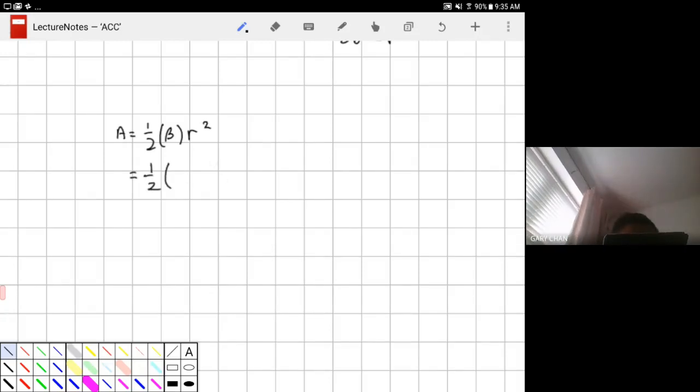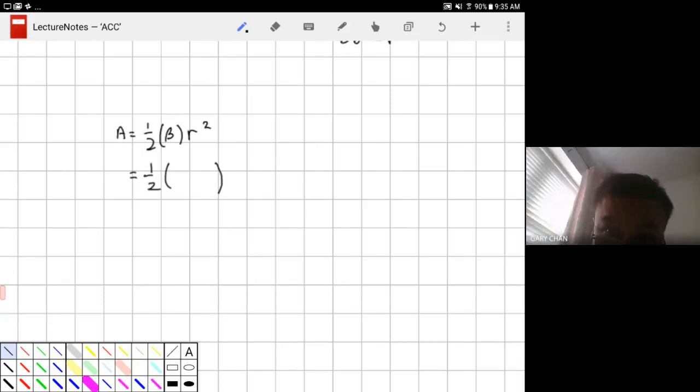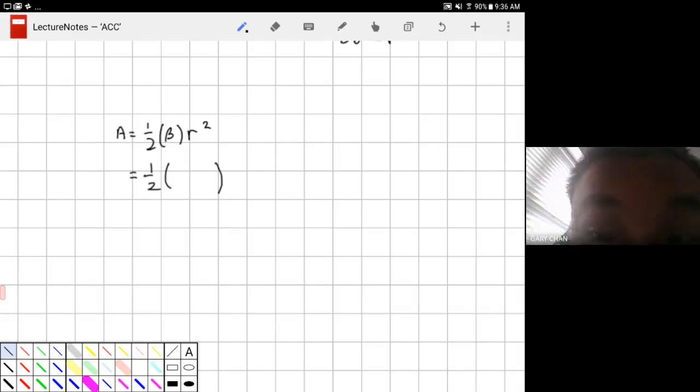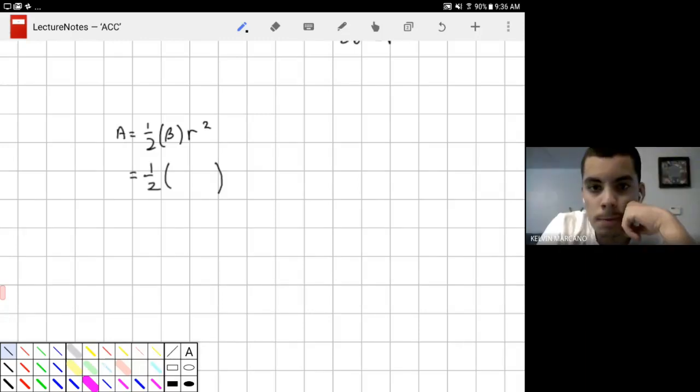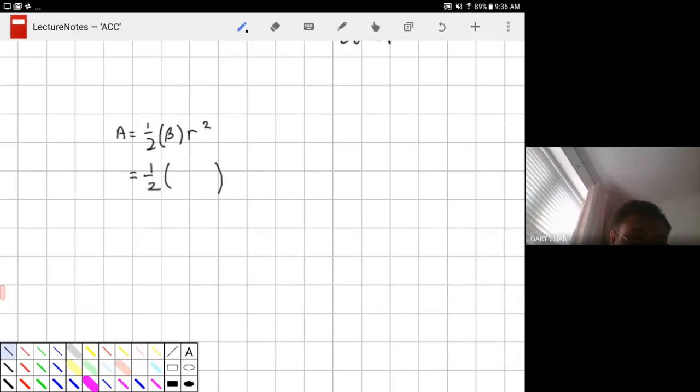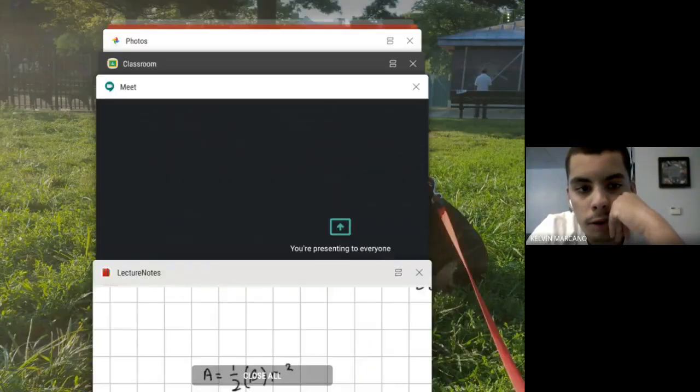Hey, Kelvin, what is the measure of the central angle again? Beta. What is the measure of the central angle in the problem? What does it say? 1/9 pi, right?